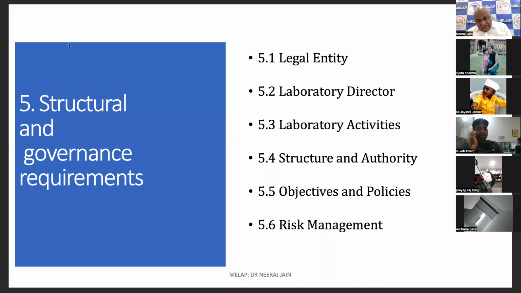Laboratory activities, 5.3.1, you have to mention what are the areas you are providing services from. We have 10 collection centers, 3 laboratories, and in this, we have these facilities. So you shall have some documentation related to that. If you have point of care testing, suppose in ICU or CCU, documentation related to that also.